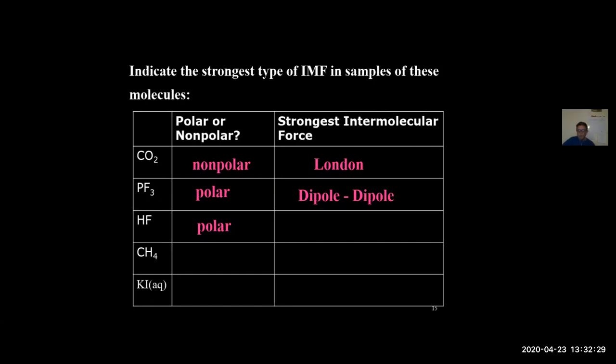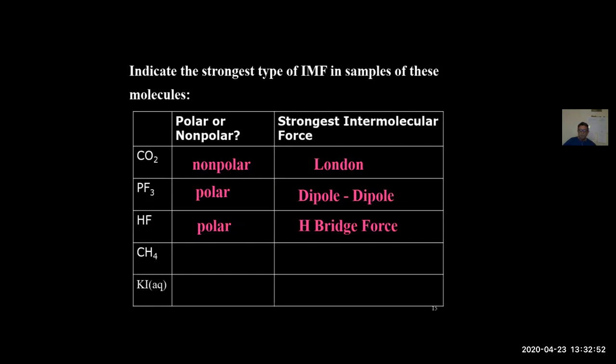So obviously not London, obviously not ion dipole. You have to decide, is it dipole-dipole or hydrogen bridging? Remember, NOF. We have here in this example, fluoride with hydrogen. So the force interaction here is hydrogen bridging or hydrogen bonding forces.